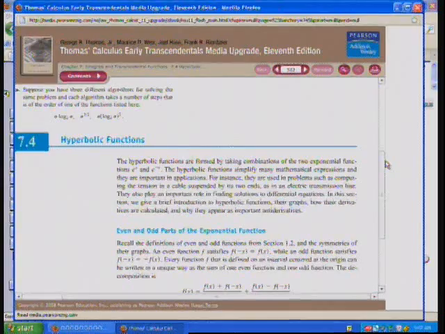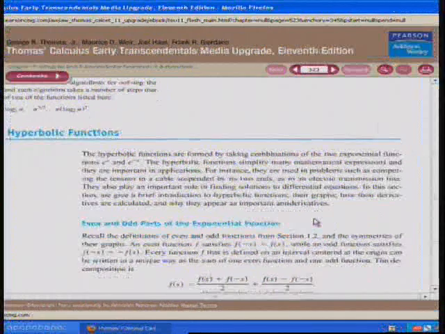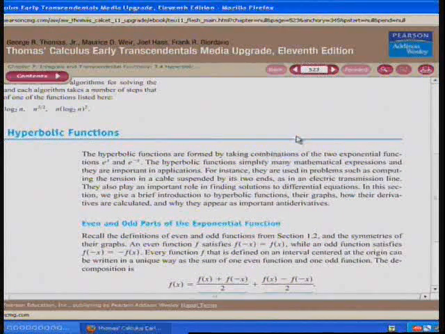Okay, if we go to the computer, I just went to your textbook online, section 7.4, hyperbolic functions. It says the hyperbolic functions are formed by taking combinations of the two exponential functions, e to the x and e to the negative x. The hyperbolic functions simplify many mathematical expressions, and they are important in applications. For instance, they are used in problems such as computing the tension in a cable suspended by its two ends. You're actually going to learn that that's called a catenary.